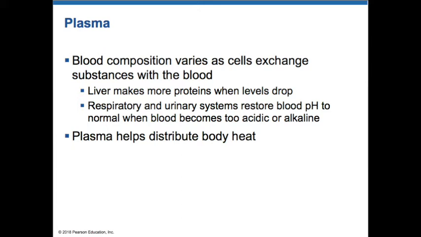Remember that the normal range of blood pH is from 7.35 all the way to 7.45. Anything above 7.45, your blood is going to be too alkaline. If your pH drops below 7.35, then your blood is going to be too acidic.